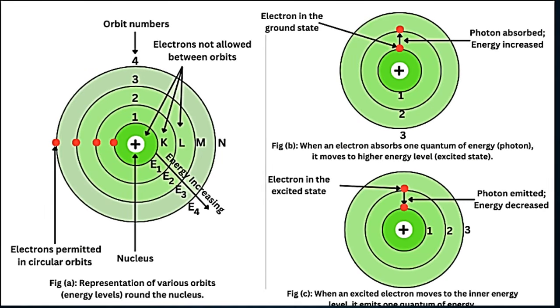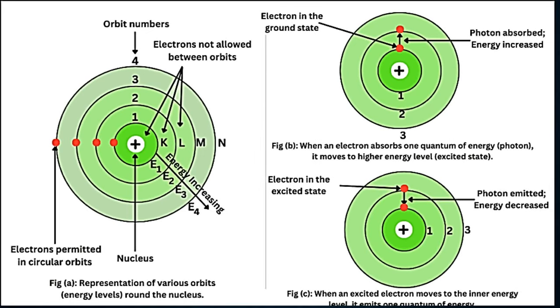Then lastly, the last postulate states that an electron can only make transitions between energy levels that correspond to a specific amount of energy known as a quantum. An electron can only move from one energy level to another as a result of the energy absorbed or the energy emitted.